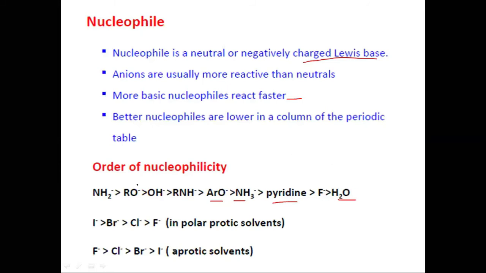This is the order of nucleophilicity. Suppose you are using NH2 minus as the nucleophile, then you can expect a better reaction rate than if you use H2O as a nucleophile.